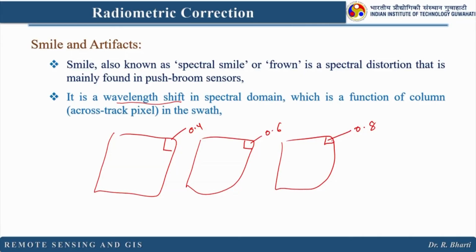The value which was supposed to be in band 3 of this pixel got recorded in band 2 in this particular pixel, and this particular pixel value got recorded in band 1 here, right.